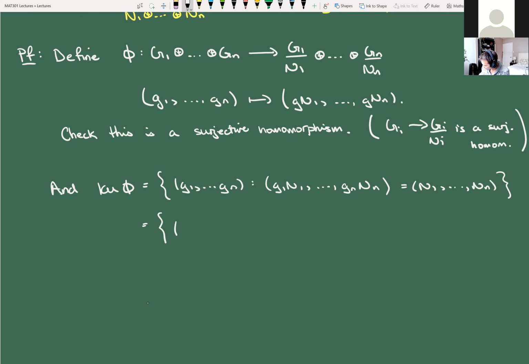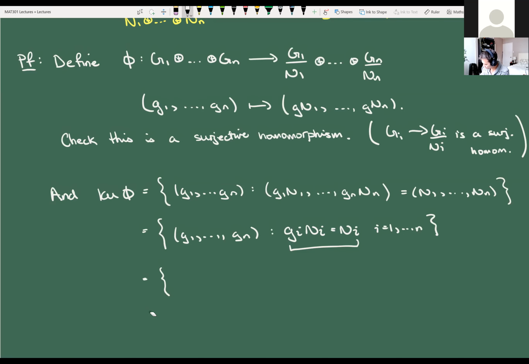But remember, what does this mean? This basically says that this is the g1 through gn such that giNi equals Ni for i equals 1 to n. And this is only true if gi is in Ni.